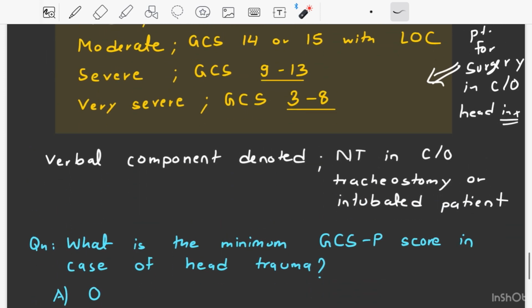Another important point is if in any patient tracheostomy or intubation is done, then we denote the verbal component of the GCS by NT.